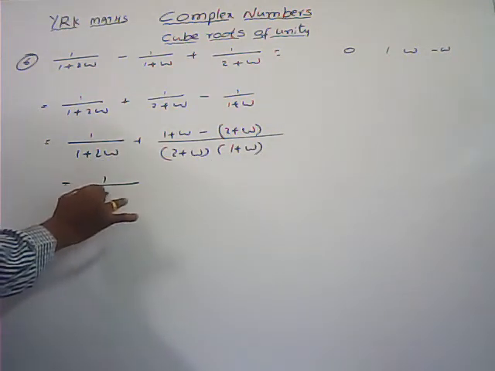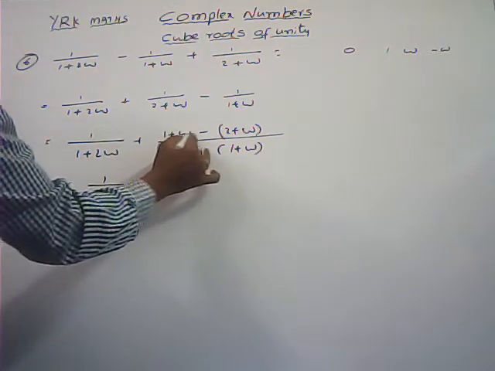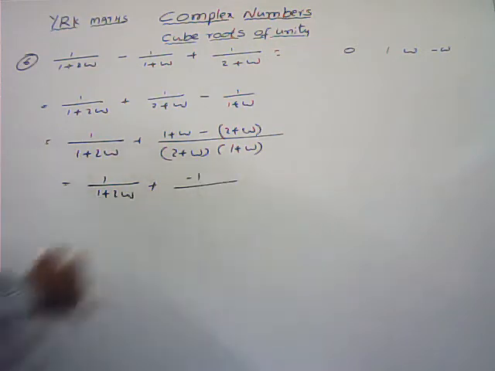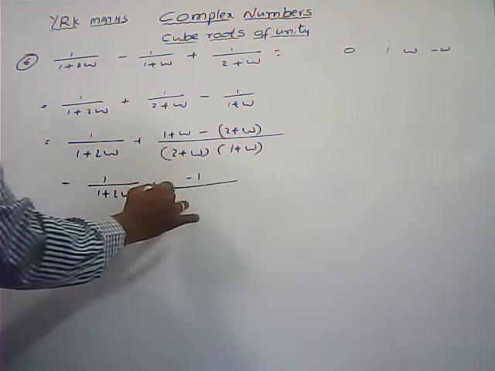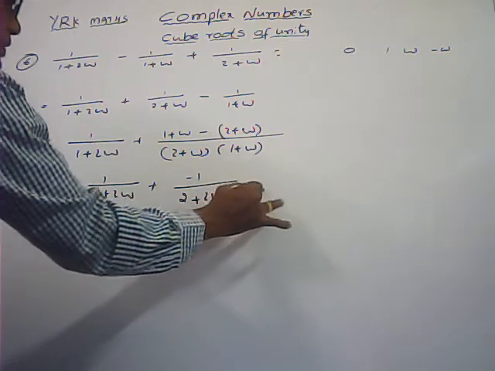1 by 1 plus 2 omega plus, here omega minus omega both get cancelled, minus 1 by, and this one you can expand: 2 plus 2 omega plus omega square.